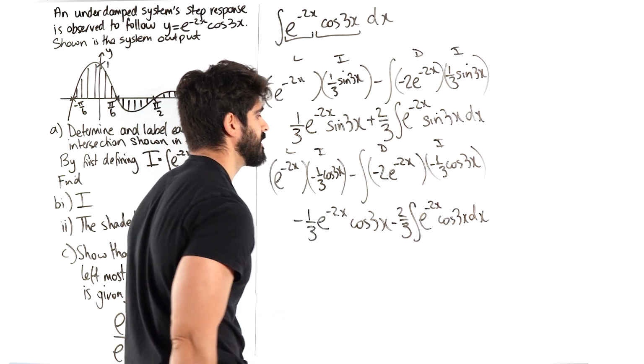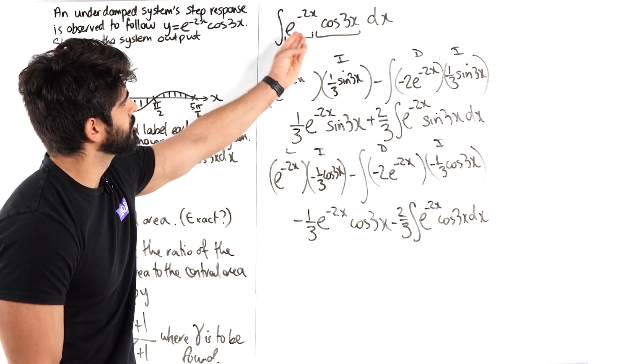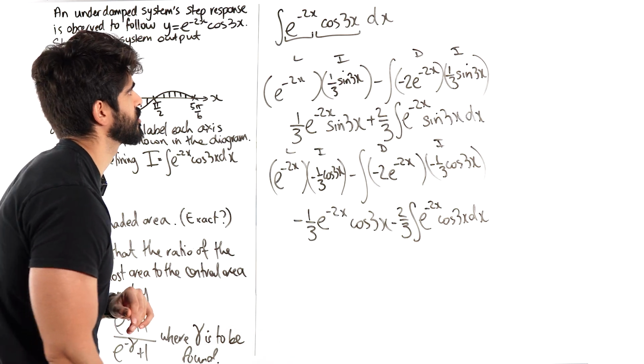So you can see we have that integral, and you could call it I, because they did define it as I. So to save some space, let's just do that.